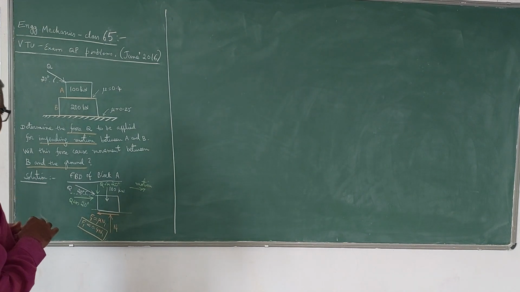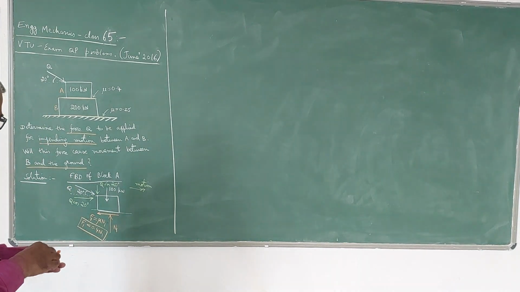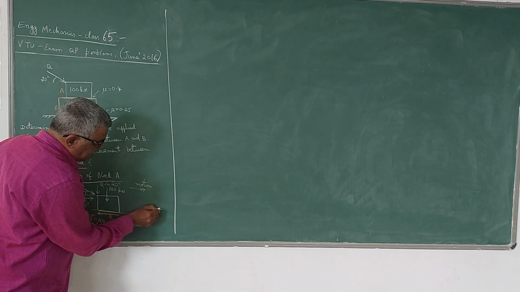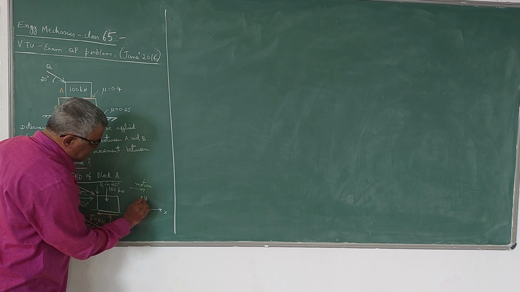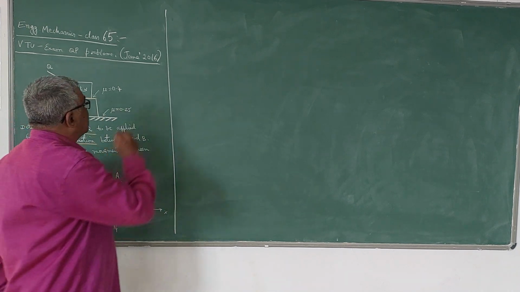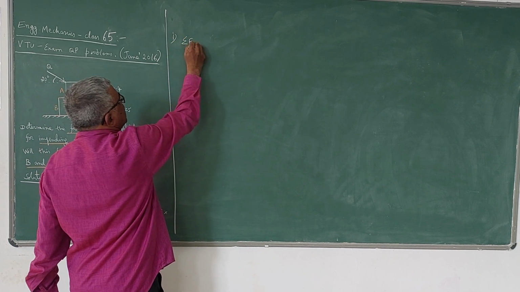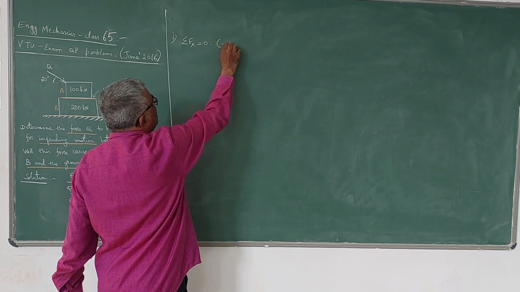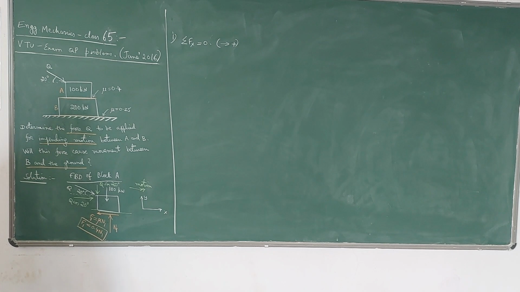Now we have to apply the equations of equilibrium for this. As you know, we have two equations of equilibrium. I will consider positive x in the direction of motion and positive y upwards. Now let me write the two equations of equilibrium for block A. Sigma Fx equals 0, sign convention is forces acting towards right positive, left negative.